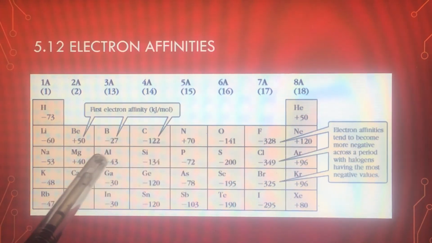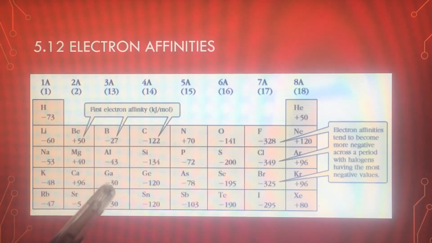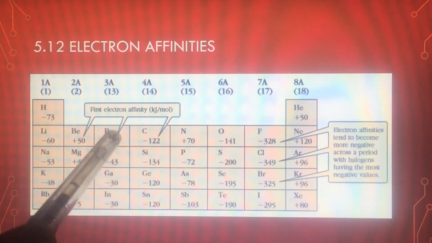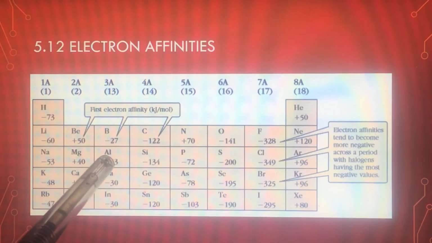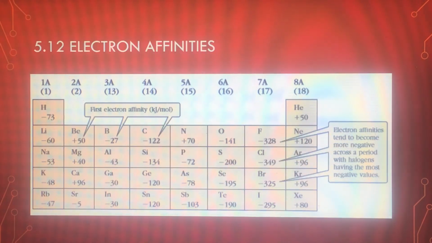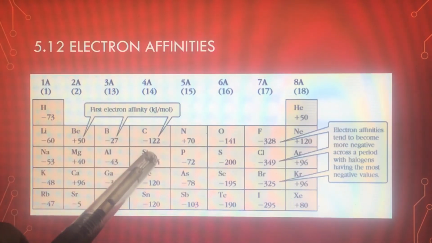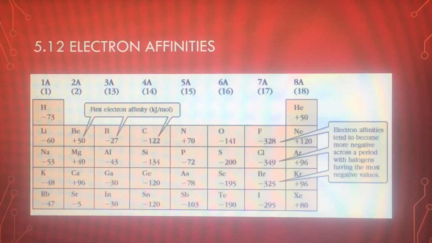Going to group 3A, this still has negative values for electron affinity, but this time it is lower, since the added electron will go into a second, empty atomic orbital, and there will still be another empty atomic orbital.